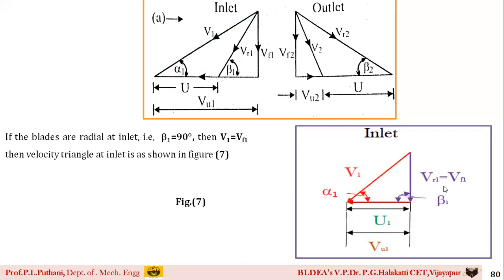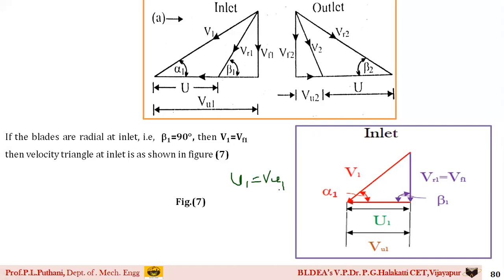It is in this fashion: VR1 is equal to Vf1, and beta 1 is equal to 90 degrees. So beta 1 equal to 90 degrees means the tangential component of the absolute velocity at inlet, Vu1, and the tangential speed at inlet, U1, are equal to one another. From this sketch, you can judge that U1 is equal to Vu1.